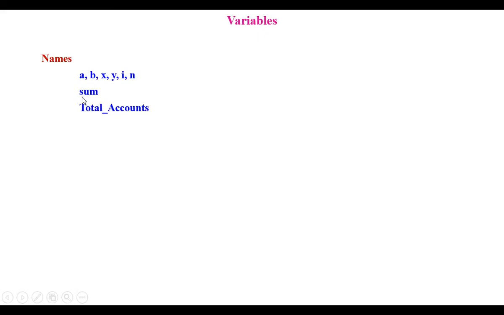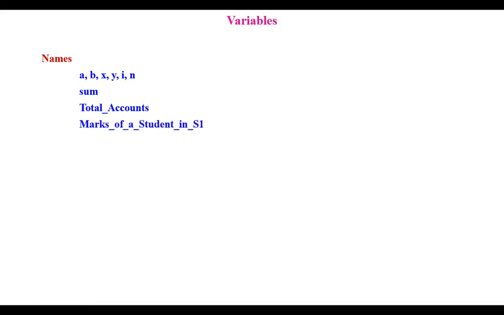Length more than 3-4 characters, like total accounts. The naming should be understandable, simple, and even after some time, if you recollect or review your programming, you should be able to understand what this variable name is taken for. So the naming should be proper in that way.